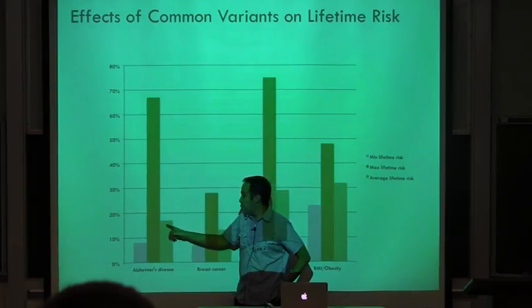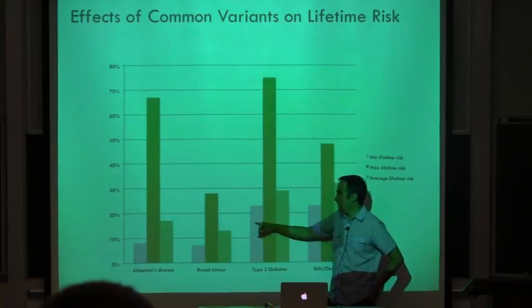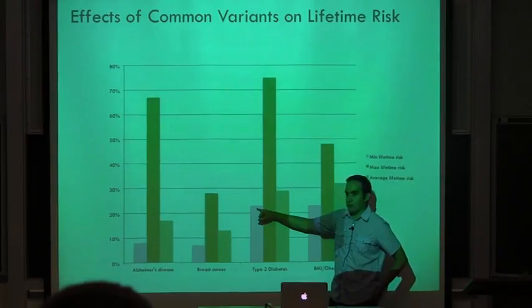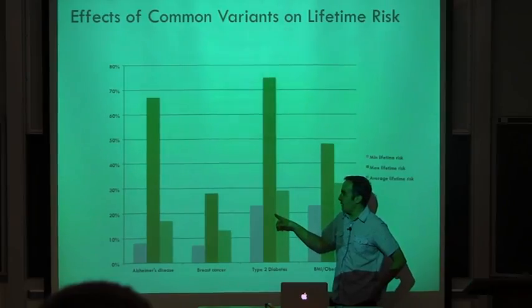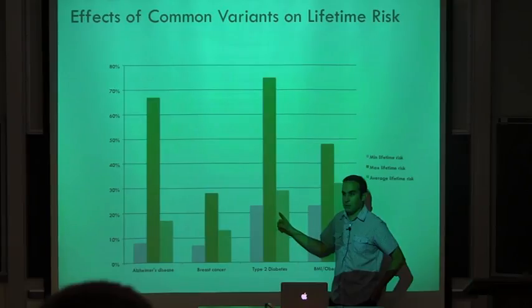But for type 2 diabetes, even if you have all the genetic variants protecting you, you still have almost the same risk as if you don't. So in some sense, we're good at predicting who will get the disease, but we're not good at predicting who won't get the disease.